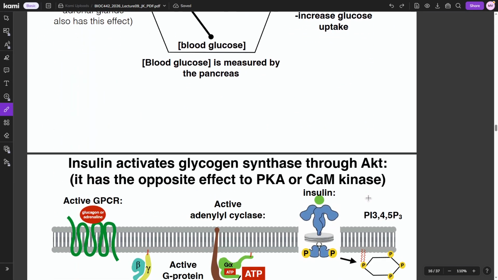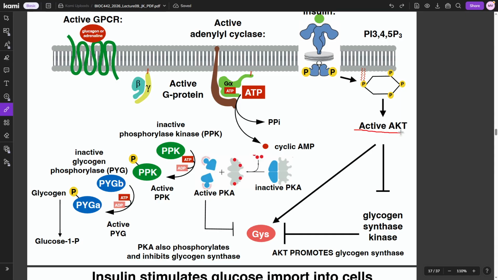And so you can see here, basically, active protein kinase B, or AKT, inhibits glycogen synthase kinase. This is a bit of a trippy one. Glycogen synthase kinase, remember, is the enzyme that phosphorylates glycogen synthase to inhibit it. So what we're doing is we're inhibiting the inhibitor.